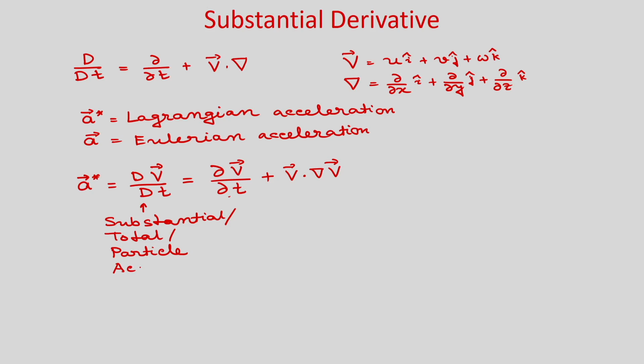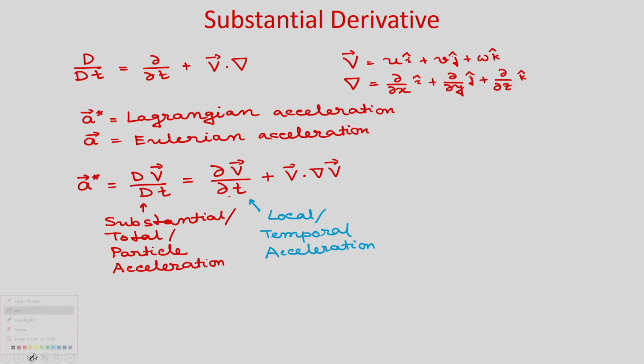In this case, it is the particle acceleration. This part is known as local or temporal acceleration. And the last part is known as convective acceleration.